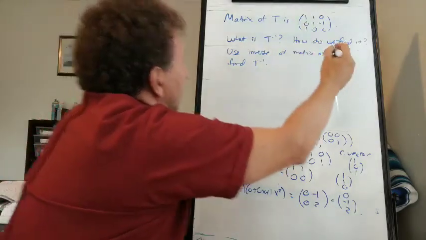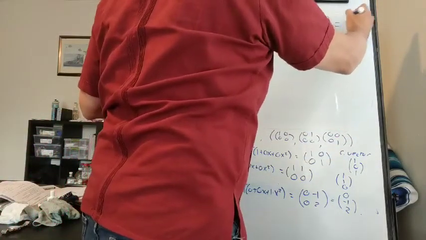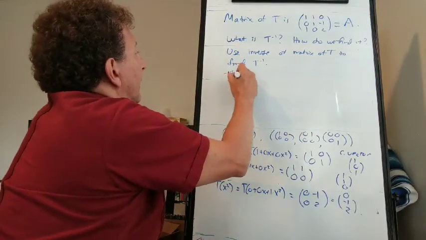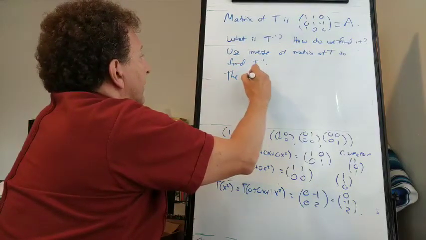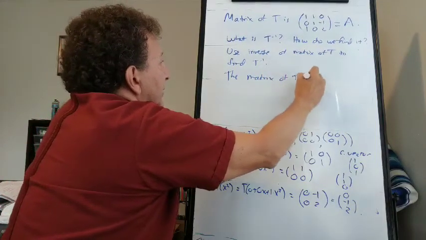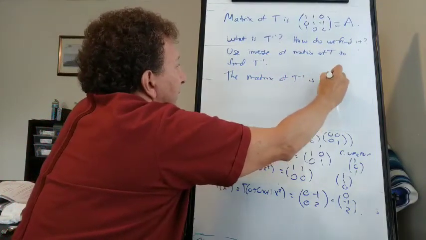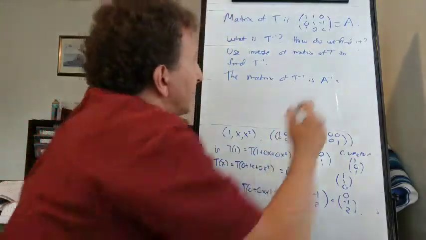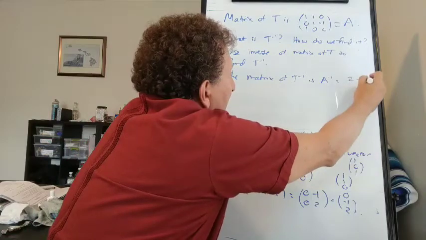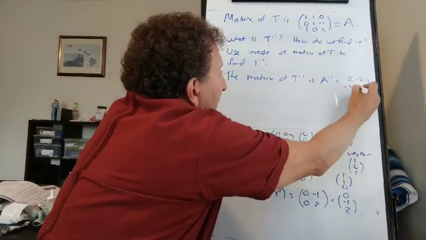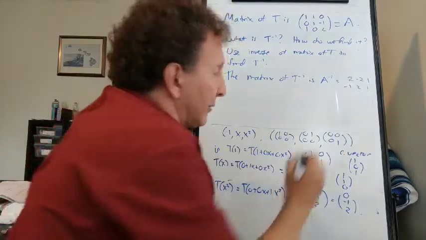Let's say this matrix is A. So the matrix of T inverse is A inverse, which turned out to be 2, -2, 1, -1, 2, 1, and -1, 1, 1.